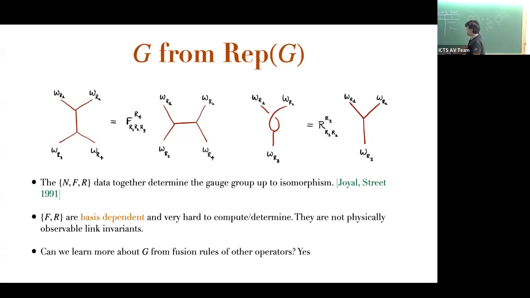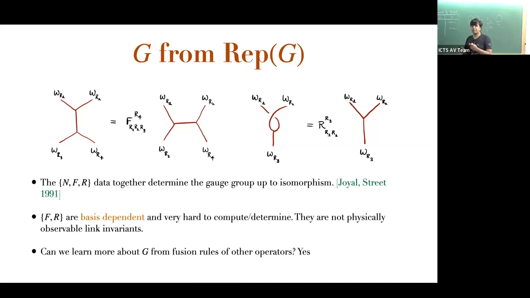So, because these F and R are hard to compute since they are basis dependent, the question is, can we add some gauge basis independent data to N so that we can determine G? If you look at just Wilson lines, this is the data that Wilson lines tell us.